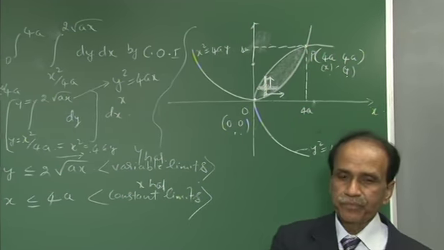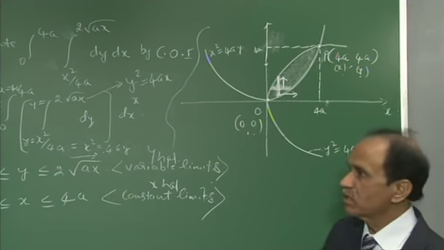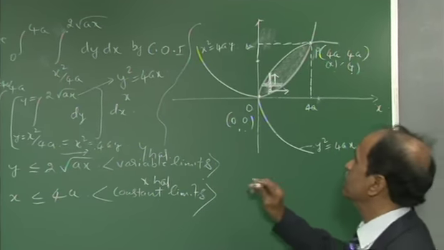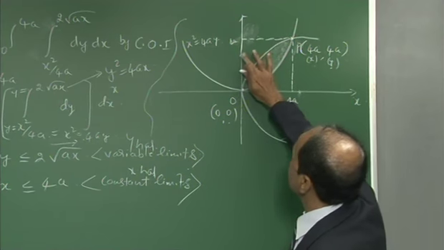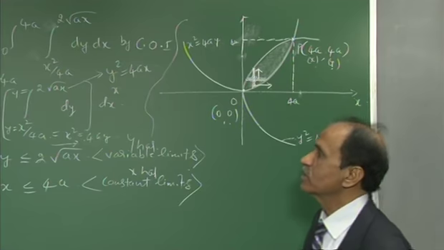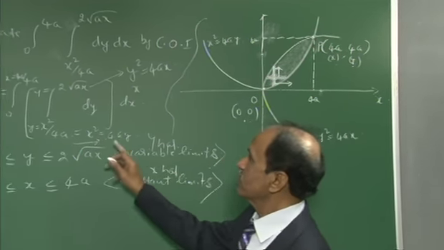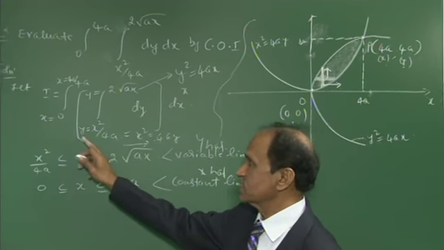That means instead of moving it vertically up and down, we are moving the strip horizontally towards the x axis. What is its length then? Its length also will be 0 to 4a. Therefore, we interchange the limits, which means you have to reverse the values which are assigned.